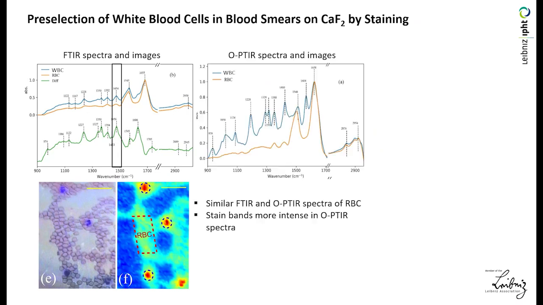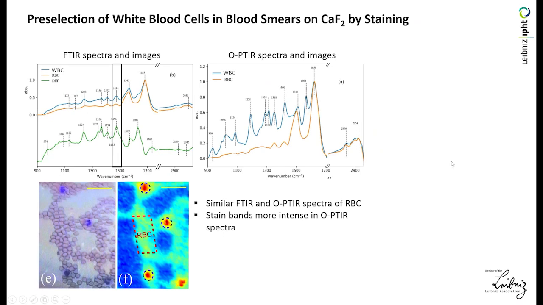However, these elevated spectral contributions in the difference spectrum are due to the staining. And these staining molecules give quite intense signals in the O-PTIR spectrum, because the infrared laser and the probe laser are focused on a very small spot, and you get a very pure spectrum of the staining molecules.